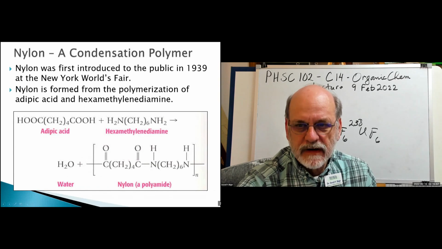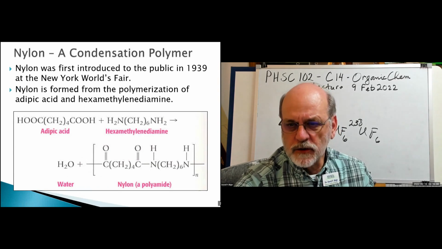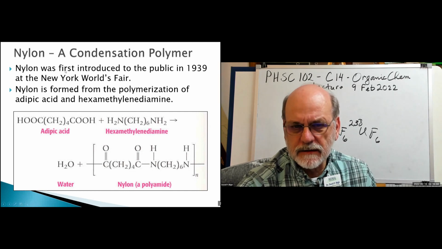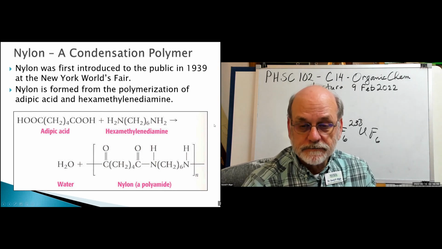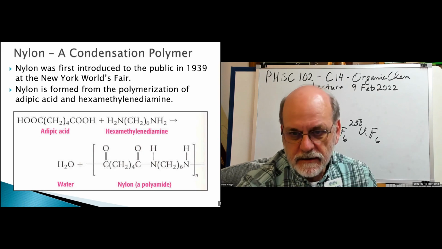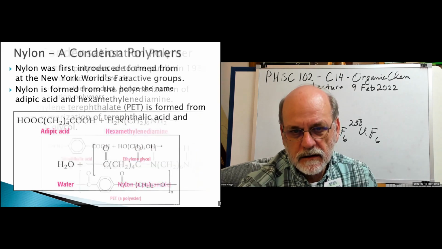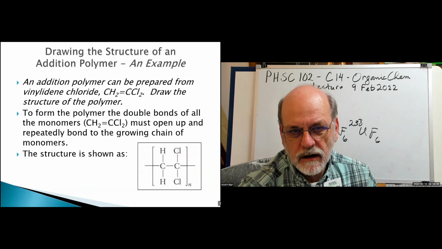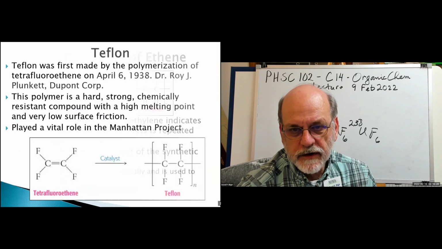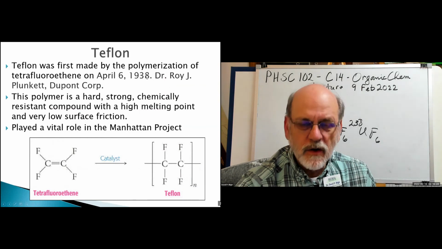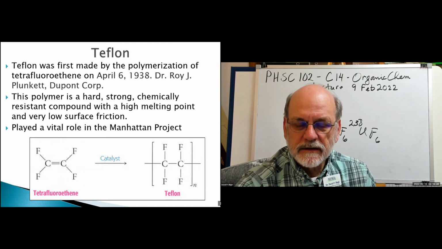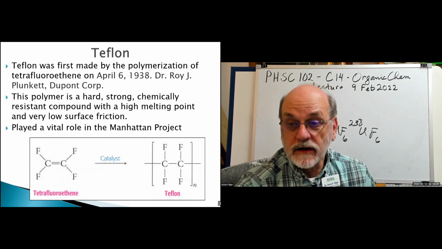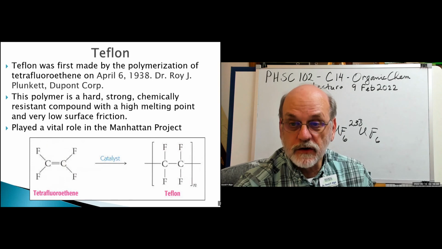Okay. So nylon was first introduced at the World's Fair in New York in 1939. I think nylon was discovered before Teflon, but the development and introduction of nylon took a couple of years.